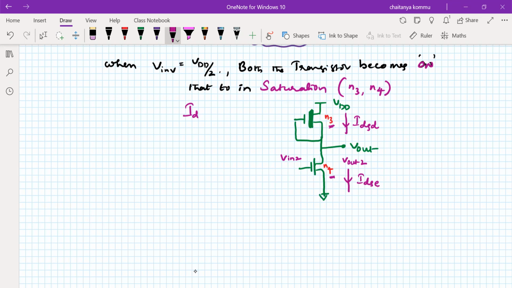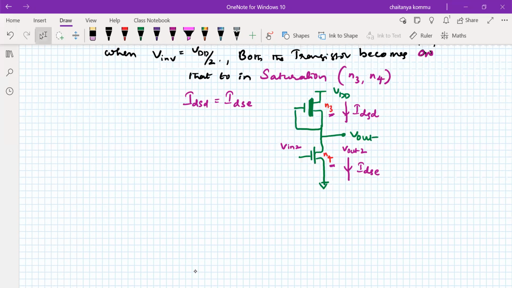So therefore, since both are on, this is a series connection from VDD to ground, right? Therefore, IDSD is equal to IDSE, right? Both currents are equal. So what is the current equation for this?